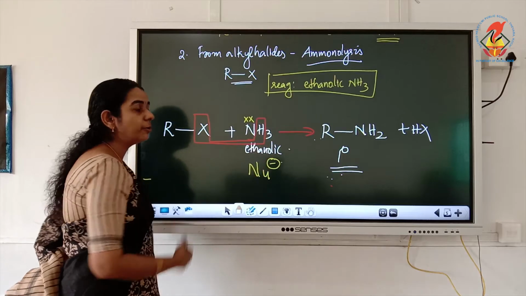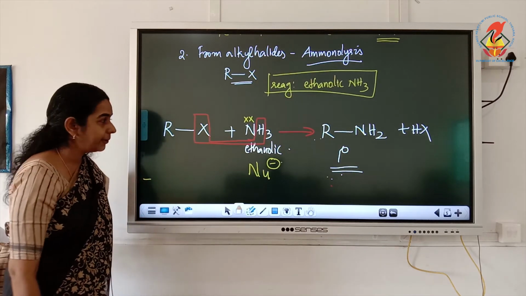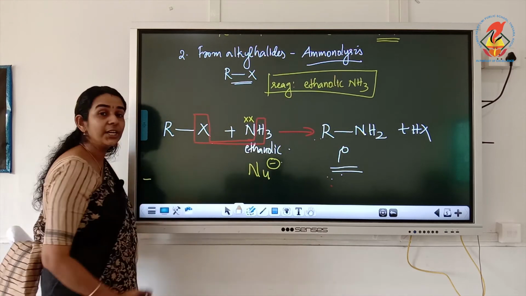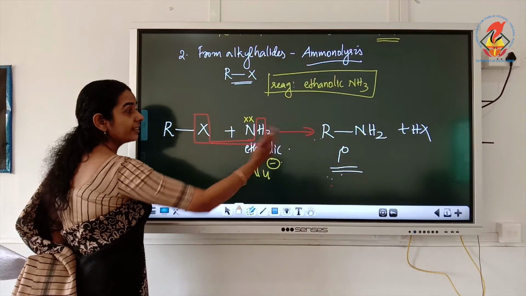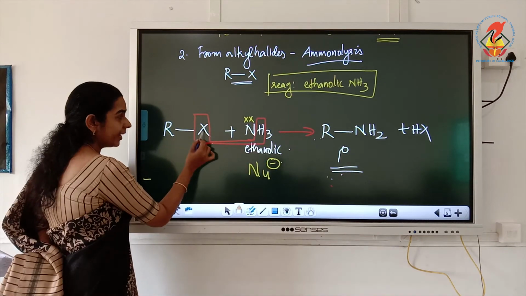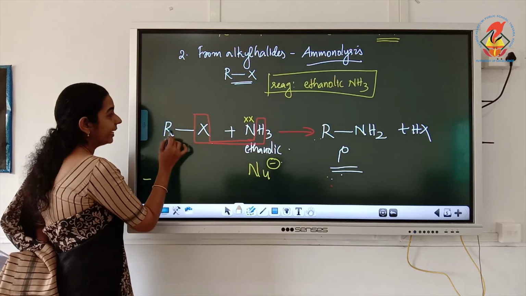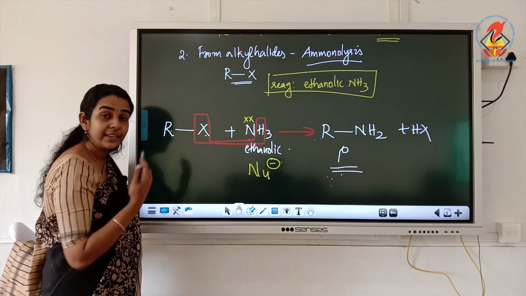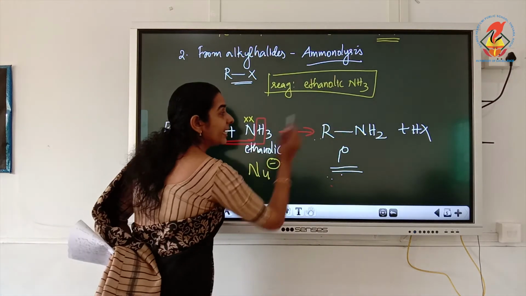Now, how did we get a primary amine from this? From this equation, the reaction is clear. Alkyl halides on reaction with ethanolic ammonia: see the reactant and the product. RX became RNH2. That means in alkyl halide, the halogen atom X is substituted by a nucleophile, that is NH2.